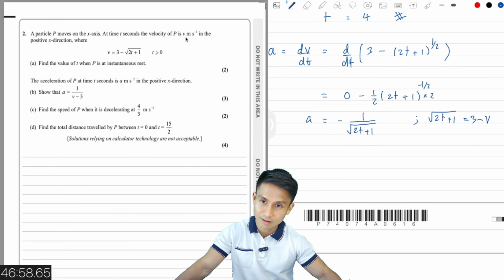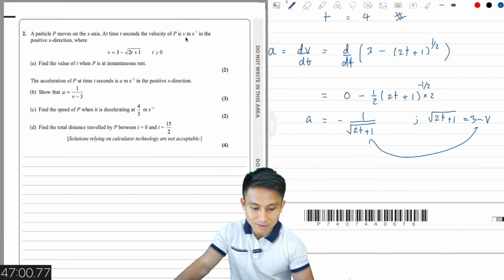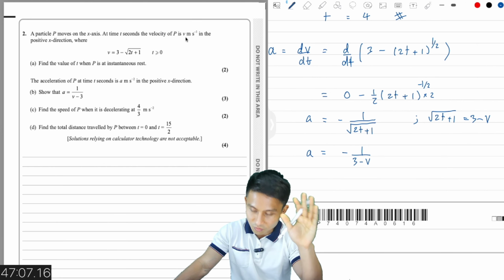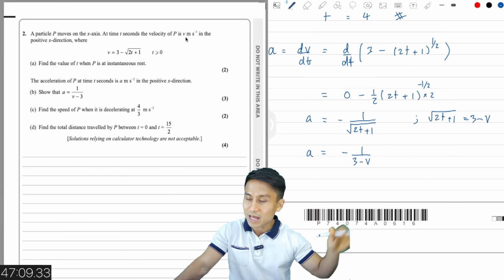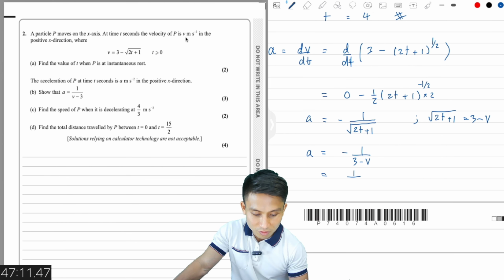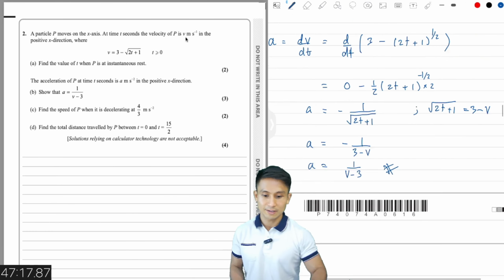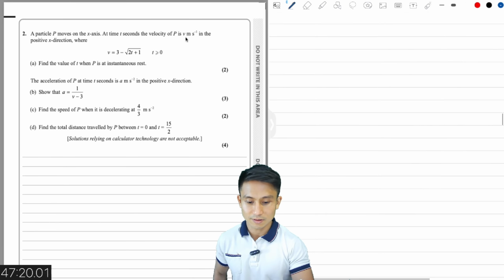So we can sub this into this. So minus 1 over 3 minus v, and if you expand the minus sign at the bottom, you get minus 1 over v minus 3, as required. All right, so that's part B done.